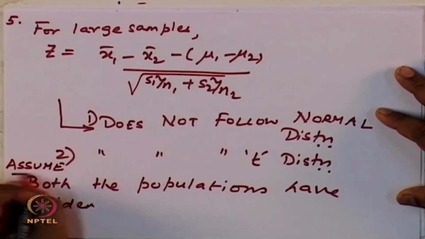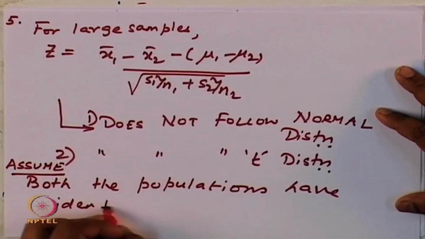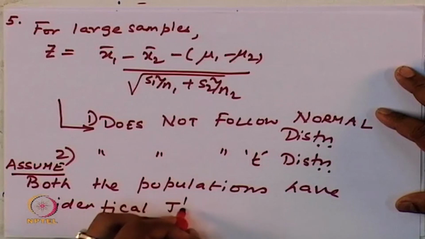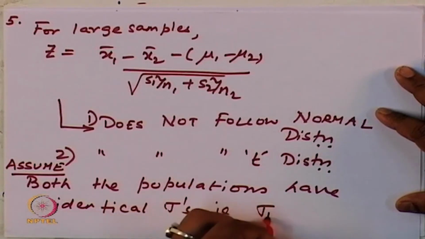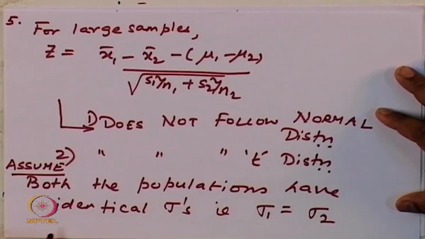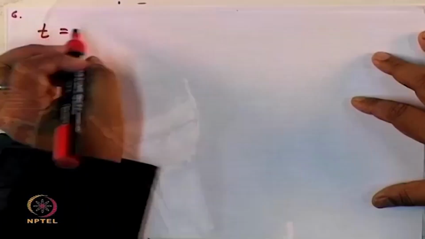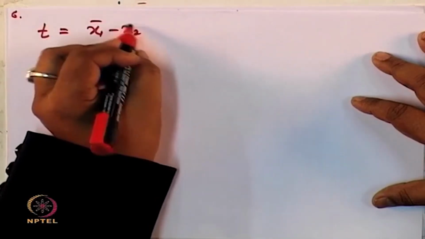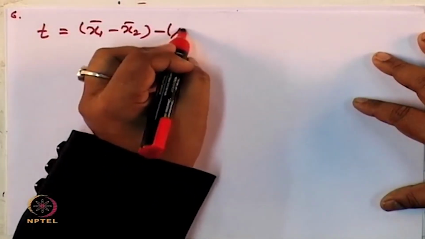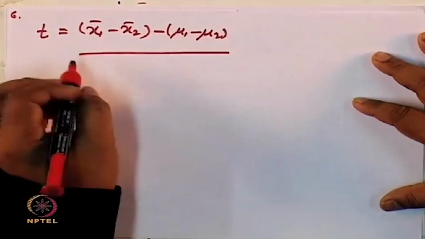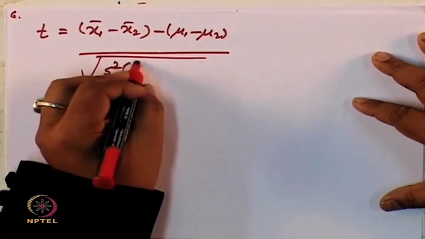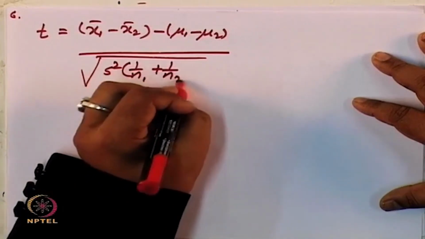If you assume that sigma 1 equal to sigma 2, then you can calculate the t statistic as x1 bar minus x2 bar minus of mu1 minus mu2, divided by root of s square into 1 by n1 plus 1 by n2.